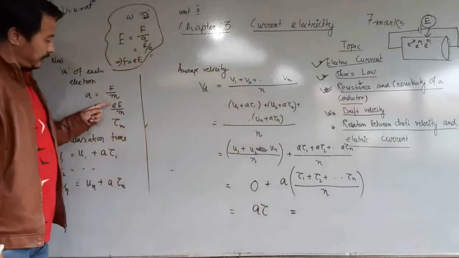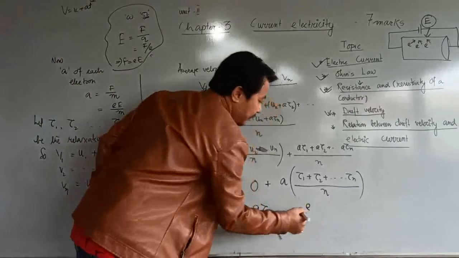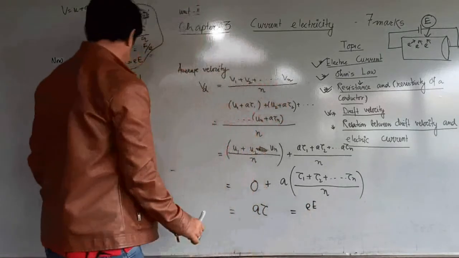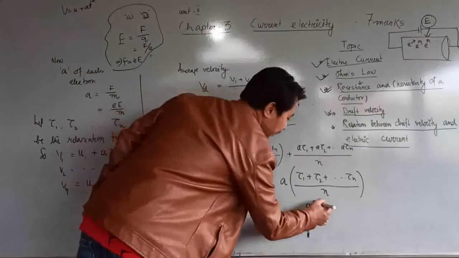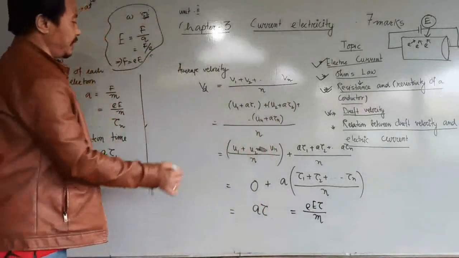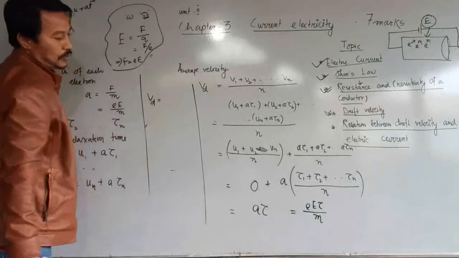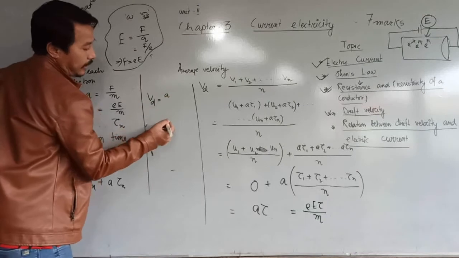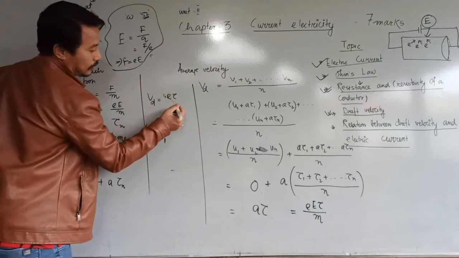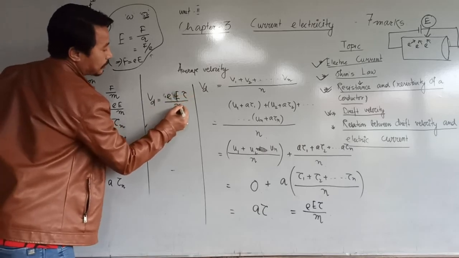That is given by eE by m, where e is the charge of the electron and E is the electric field. So a tau is eE tau by m. So this is the relation. Now at last we find the drift velocity Vd is equal to eE tau by m.